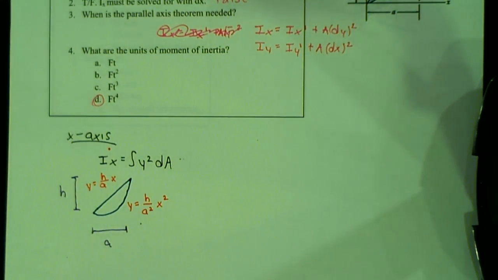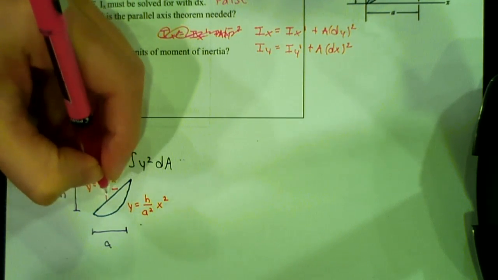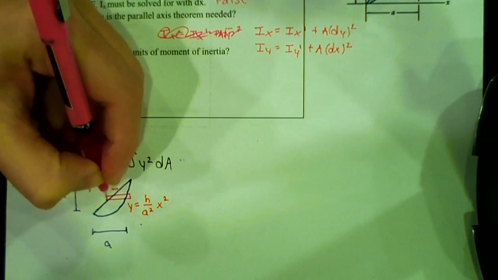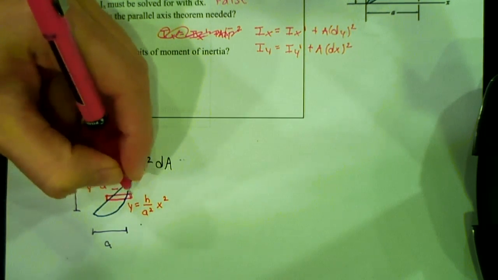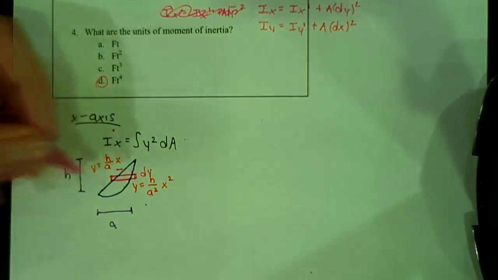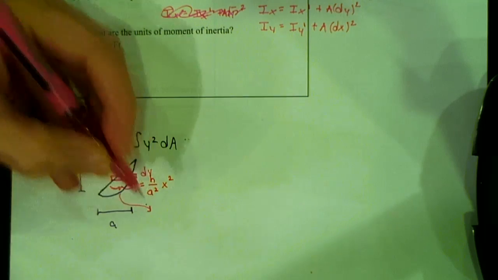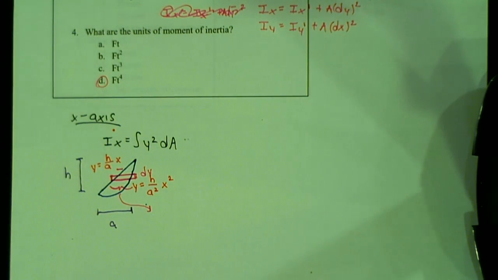If I'm looking for Ix, do I want things in terms of dx or dy? dy, good. And that's based off our equation. So we want this differential area, dy. For our height here, we need to get both of those in terms of y.